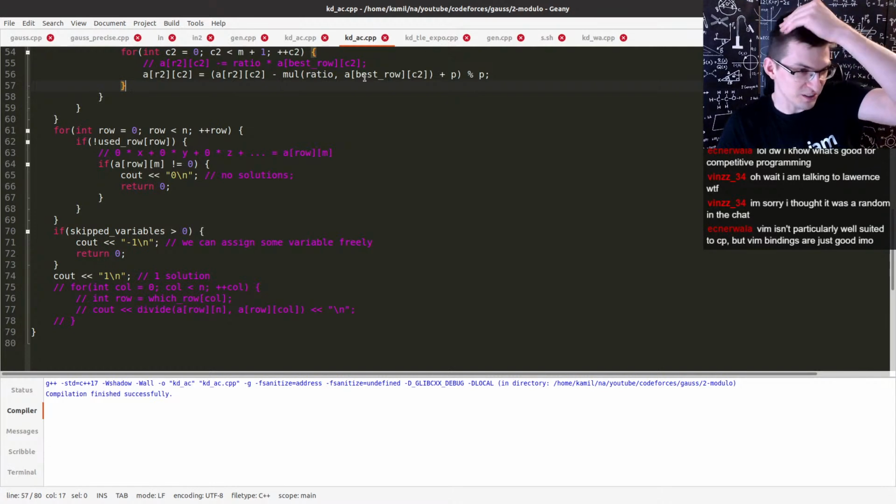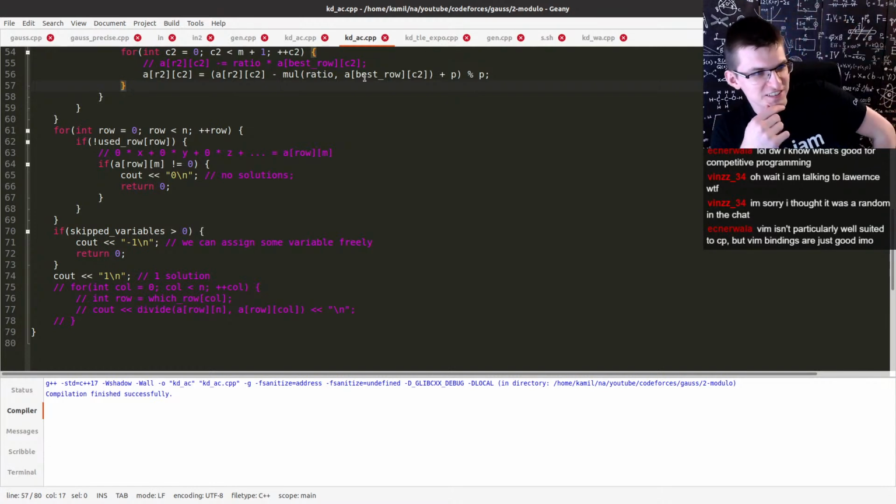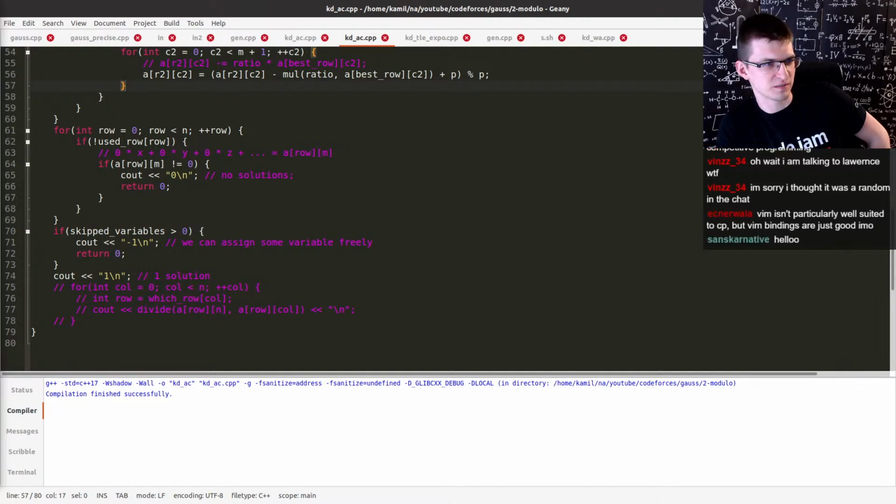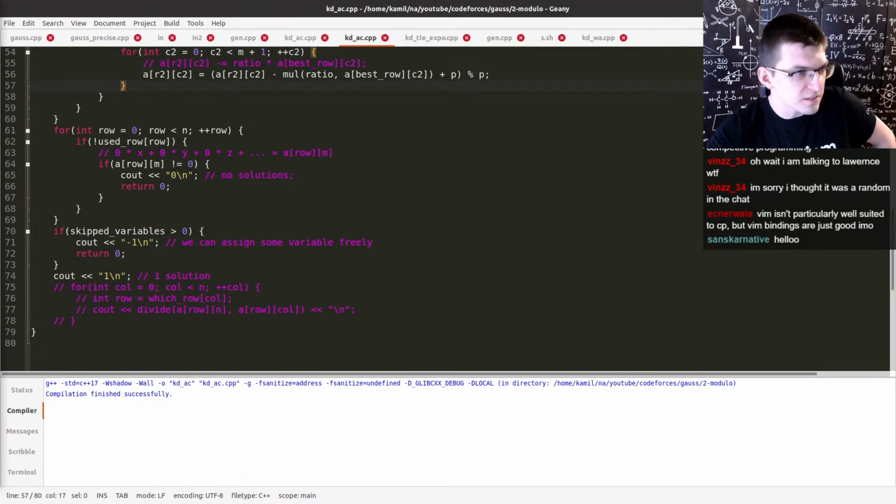Oh, we already got the editor discussion in the chat. Why don't you use Vim with Geany? It's so broken. What do you mean with Geany? I don't know how to exit from Vim. With Geany, it's very easy to close it.